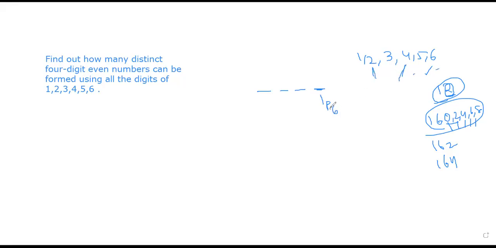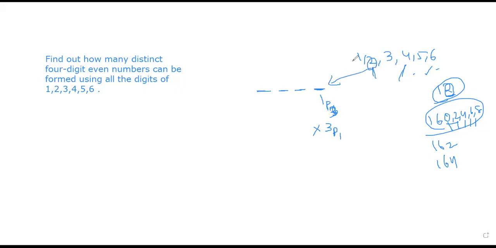So in the one position you have to fill 2, 4, 6. Three numbers, so you will write 1P3, which can be written as 3P1. How many remaining positions here? Three positions are there. Suppose one even number, 2, is filled here.